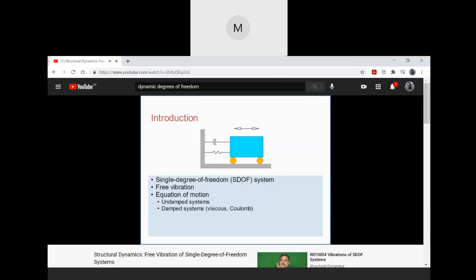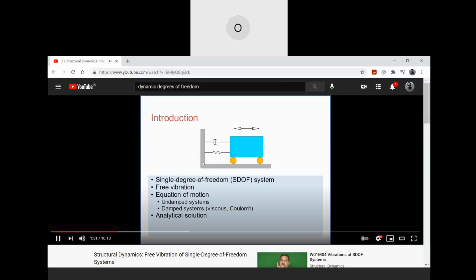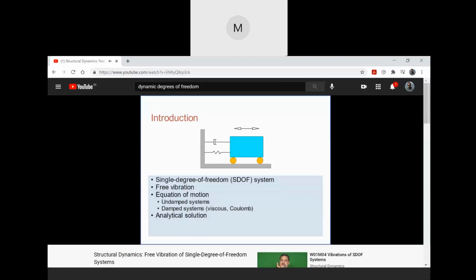Two types of damping are examined: viscous damping, in which the damping force is proportional to the velocity, and Coulomb damping, in which the damping force is constant. The solution to the equation of motion is derived analytically.